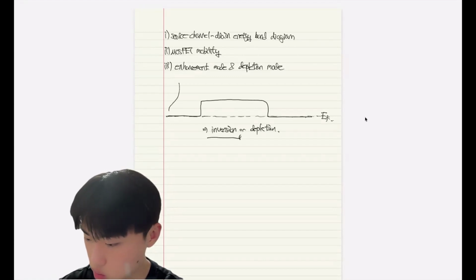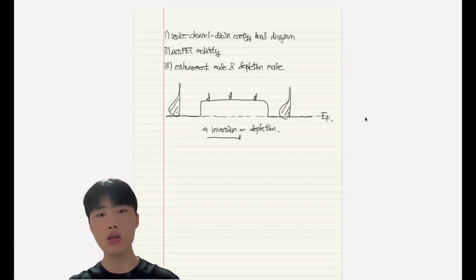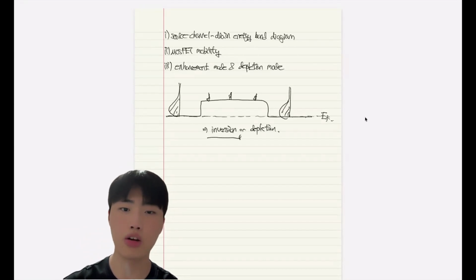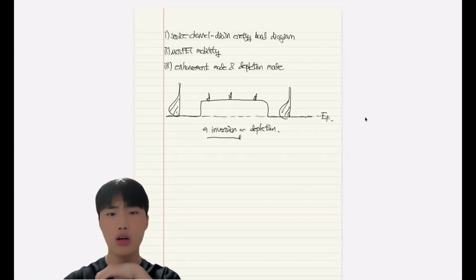We can draw the Boltzmann tail like this. So in this energy band diagram, there is no current flowing.